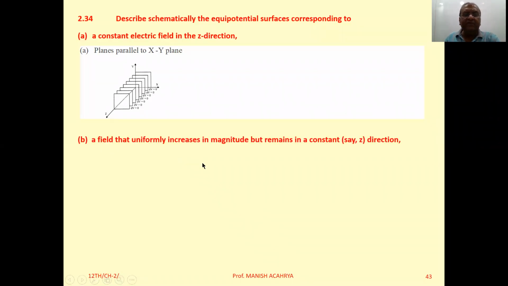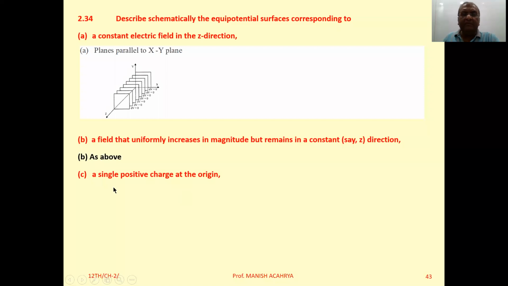Then a field that uniformly increases in magnitude but remains in a constant, say Z direction. So if the direction of the electric field remains constant, Z, it implies that perpendicular to it XY planes will be there. So again, the equipotential surfaces will be exactly as shown in the above figure. Clear to all of you up to here?